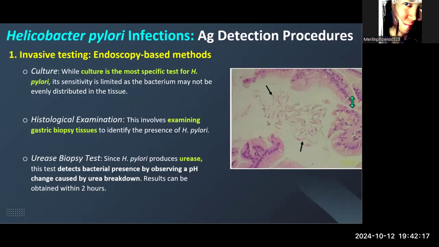For the histological examination, gastric biopsy tissues are analyzed to detect the presence of H. pylori. And for the urease biopsy test, since H. pylori produces urease, this test detects bacterial presence by monitoring pH changes due to urea breakdown, and results can be available within 2 hours.